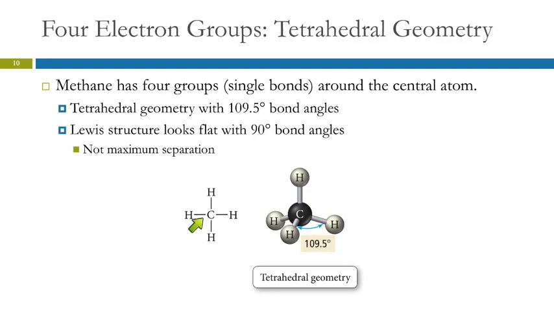So in this, we would have 90-degree angles. If it forms a tetrahedron, it can have 109.5-degree angles. These electron groups are repulsive to each other. They're like, ew, ick, I want to get away from you, right? The lowest energy state is where they're as far away as possible. And so that's in the tetrahedron. Okay?